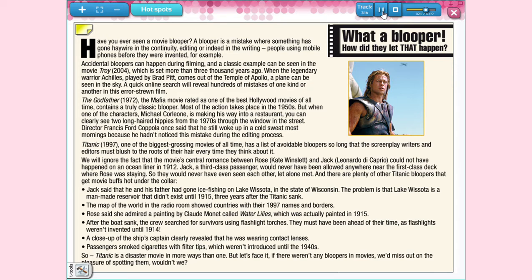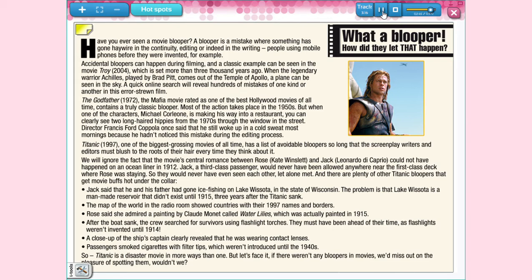Jack said that he and his father had gone ice fishing on Lake Wissota in the state of Wisconsin. The problem is that Lake Wissota is a man-made reservoir that didn't exist until 1915, 3 years after the Titanic sank. The map of the world in the radio room showed countries with their 1997 names and borders. Rose said she admired a painting by Claude Monet called Water Lilies, which was actually painted in 1915.